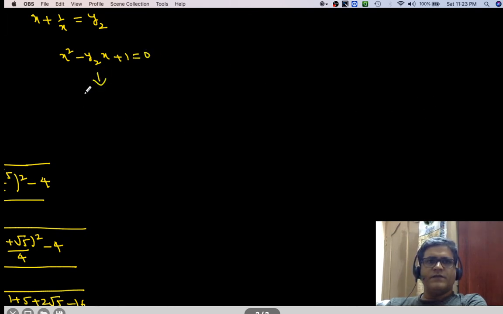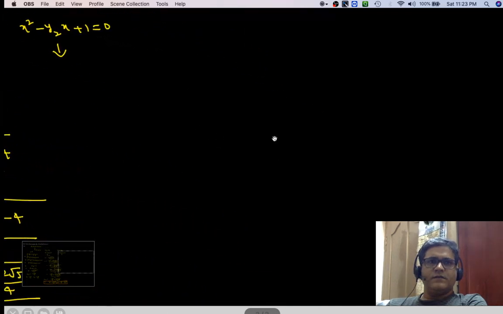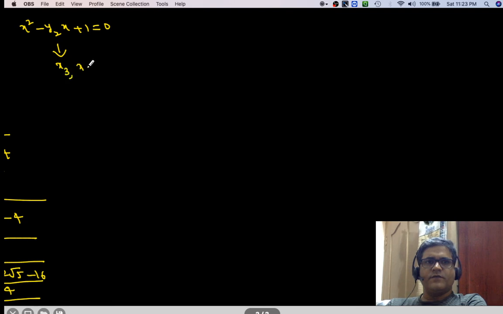The roots of this equation, already the roots of the previous equation we considered as x1 and x2, so the roots of this equation you consider as x3, x4. Now if we solve, x = (y2 ± √(y2² - 4))/2.